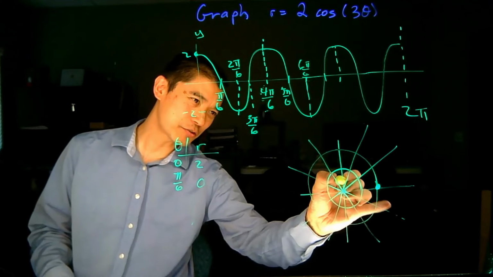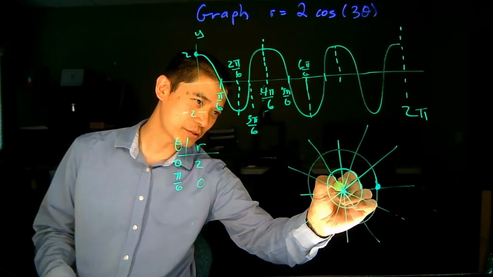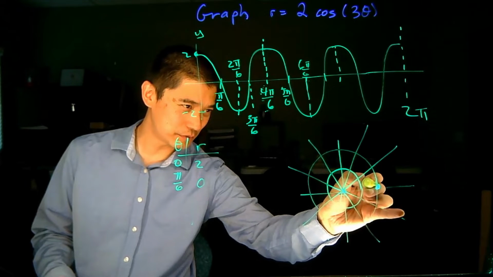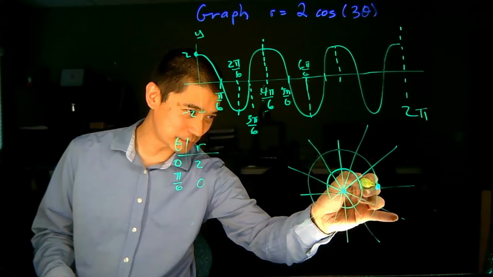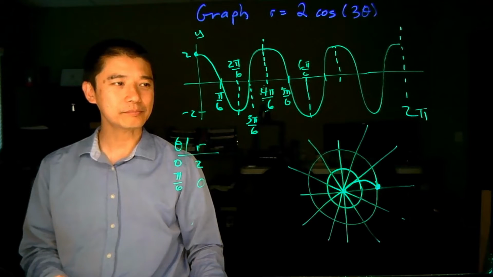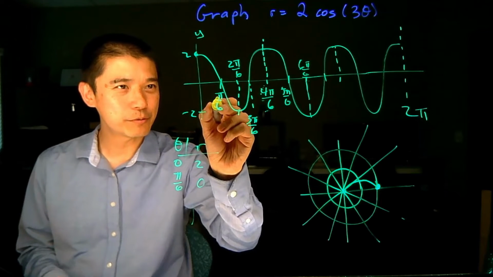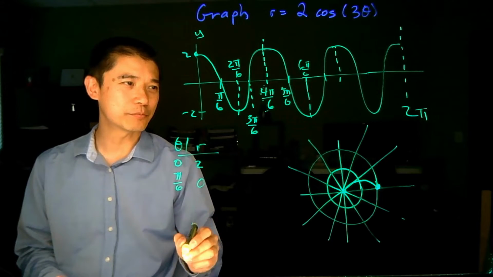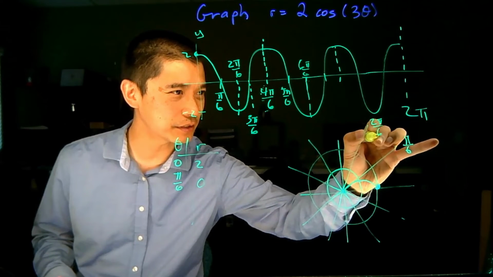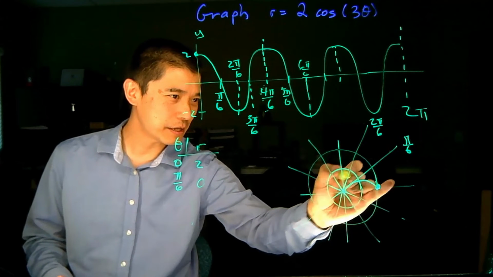I'm not going to draw it in because it makes it look real messy, but you want to imagine drawing a line from here out to there and thinking about where that line segment is getting shorter. And it's going to come down kind of like that. What happens next? Well, between pi over 6 and 2 pi over 6, we're negative. So here is pi over 6, and here's 2 pi over 6. But we want to think about the negative direction.